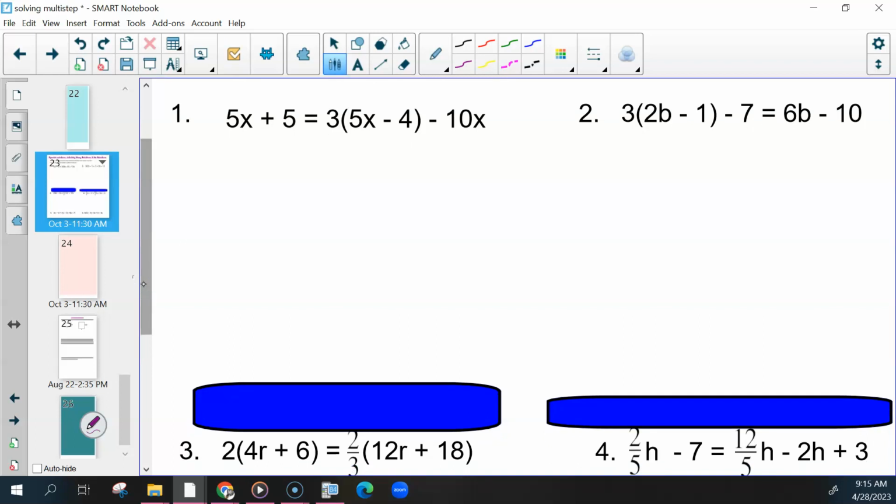What would be our first step in number 1? We have 5x plus 5 on one side, 15x minus 12 minus 10x on the other. Then what?